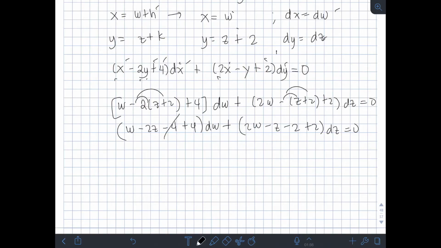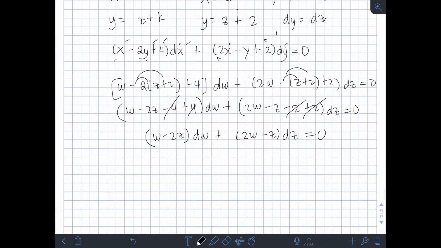So, therefore, makakancel natin si 4, magiging w minus 2z dw plus, cancel din dito si 2, magiging 2w minus z dz equal 0. Okay, so therefore, ano nang kinalabasan nating equation? Homogeneous na siya, right? So therefore, pwede nating i-apply yung natutunan natin sa homogeneous DE kung paano i-solve yun.